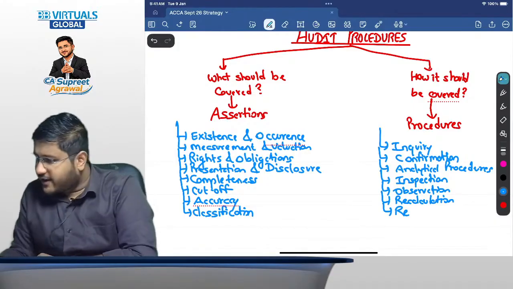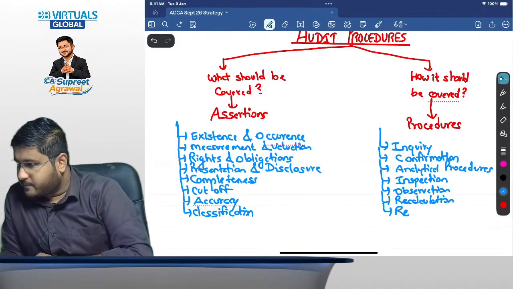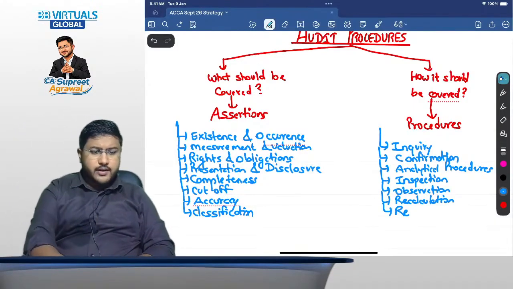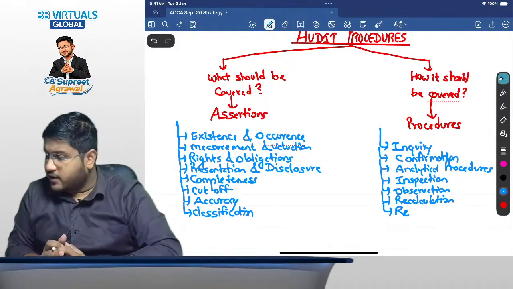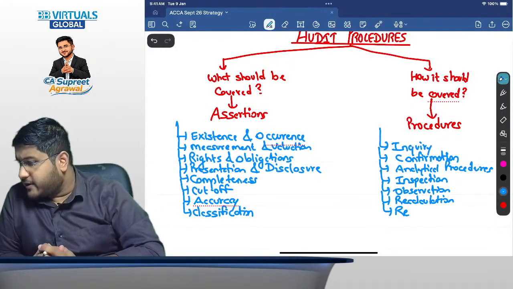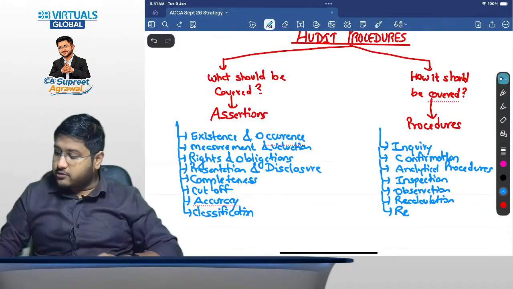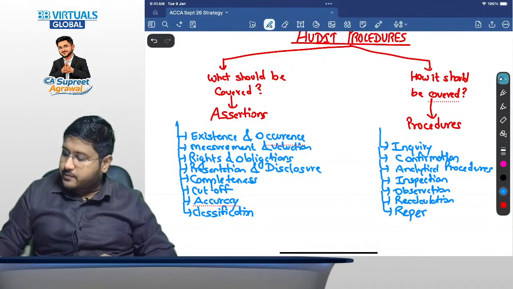Recalculation and anybody? Reperformance, right?